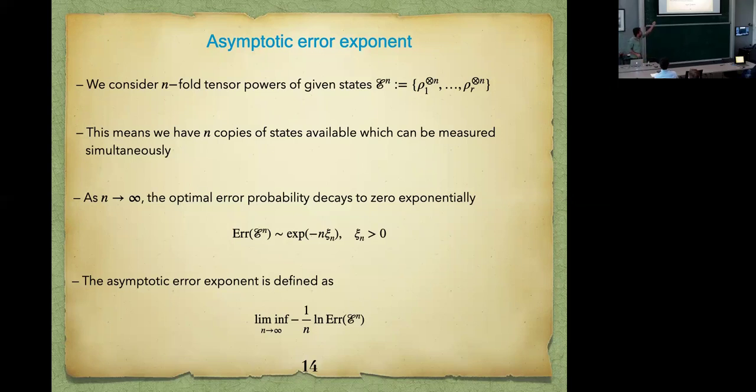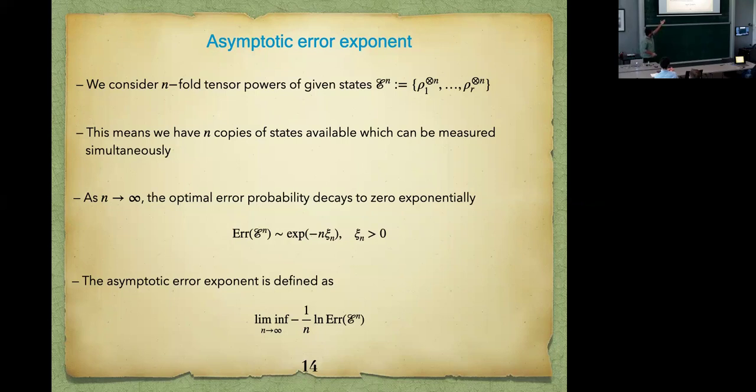Instead of one state, we have n copies of the states, and so we can perform measurements on n copies at once. We can very easily show that the optimal error in that case decays to zero exponentially as you increase the number of copies, and it is the exponent in the n tending to infinity case that we are interested in.